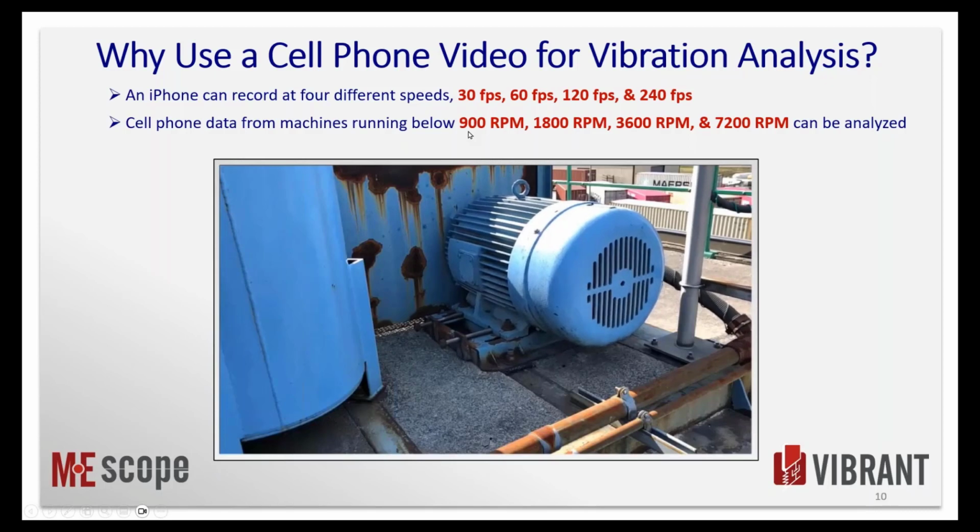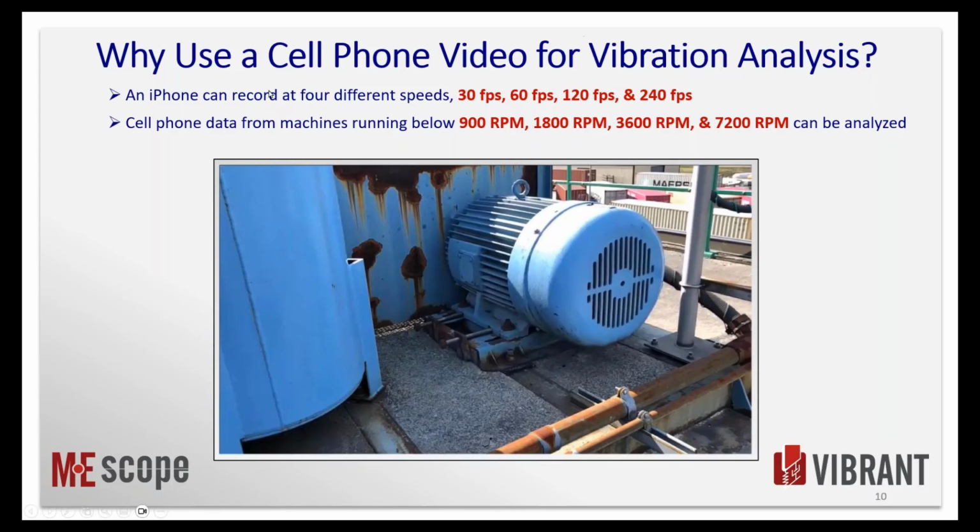And the other issue that needs to be kept in mind when we take video data is that there is no anti-aliasing filter like there is in an analyzer and a data acquisition system. And what the filter is for is to filter out any higher frequencies that will show up in the spectrum.